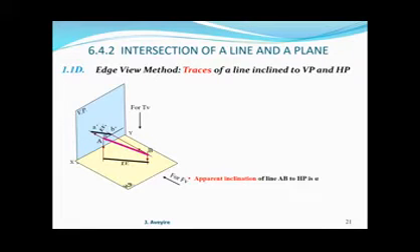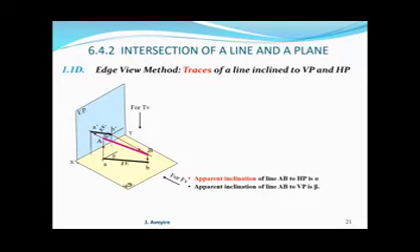When we look at TV with respect to its inclination to XY, which is now the edge view of VP, that is beta. So that is the apparent inclination of the line to the vertical plane, beta. That is the end of the line AB.